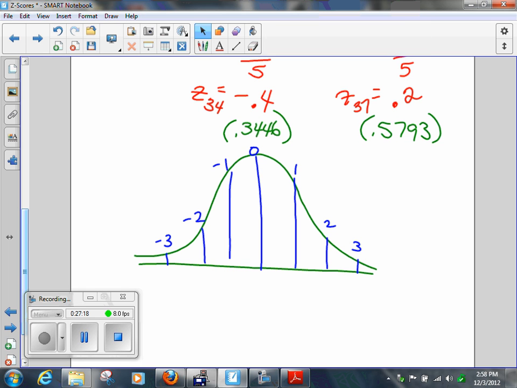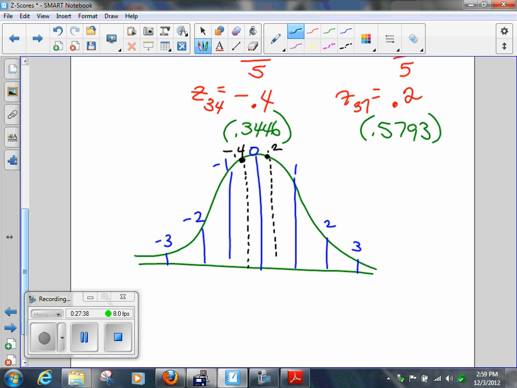Here we go. If my z-score for the 34-year-old was -0.4, and my z-score for the 37-year-old is 0.2, I've got to do two different things.